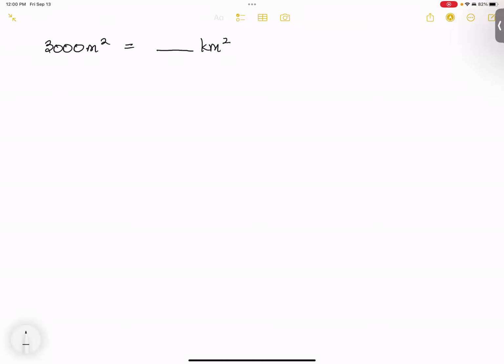So let's look at 3,000 meters squared, and we want to convert that into kilometers squared.